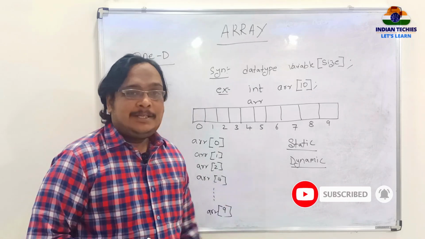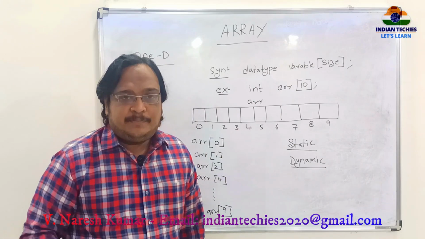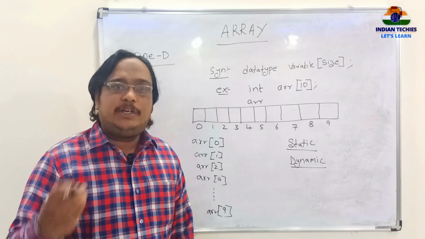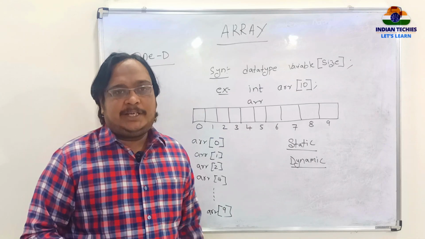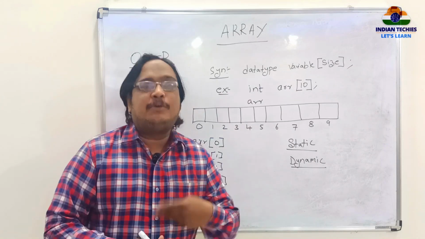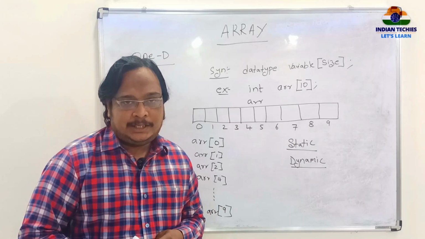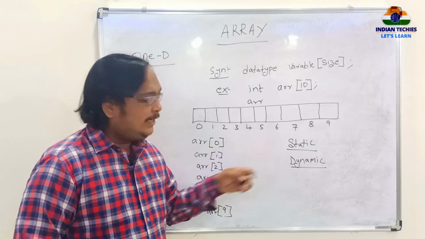Dynamic means that at the time of executing the program, the program asks and only then you give the input, for example entering any 10 values. That is considered dynamic input.